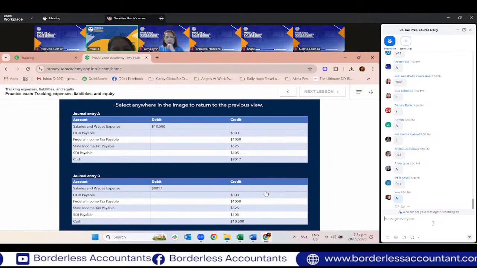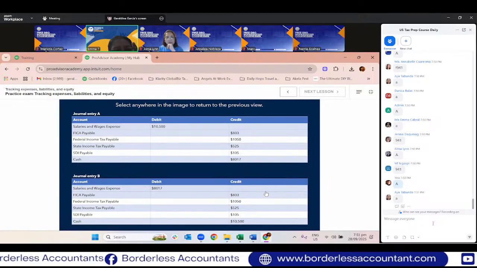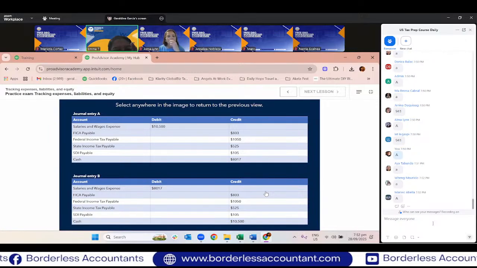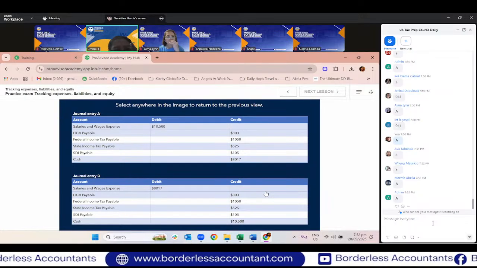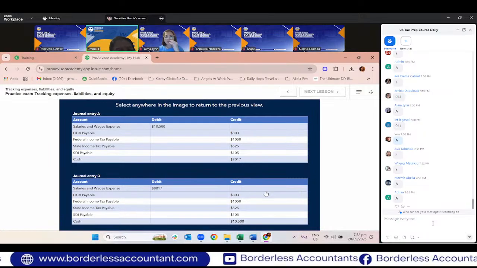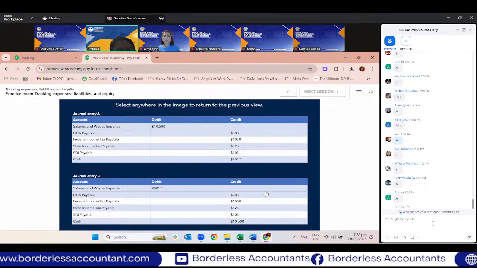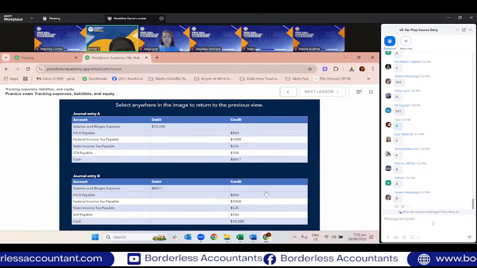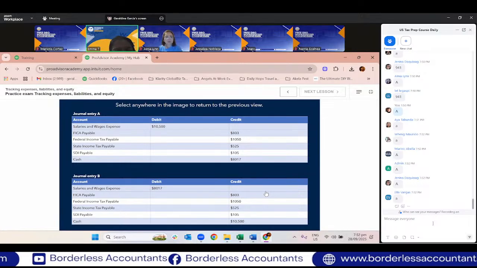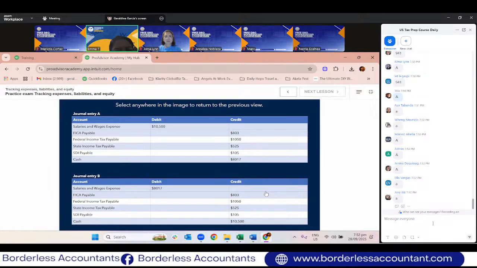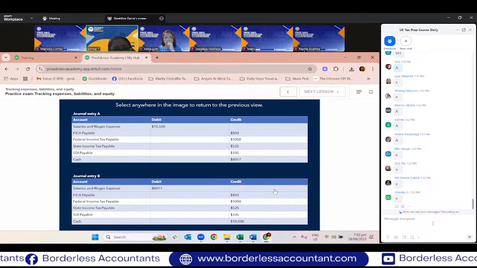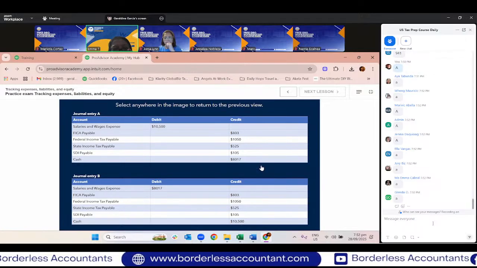Credit FICA payable, 803, federal income tax payable, 1,050, state income tax payable, 525, and SDI payable, 105. Then credit cash, 8,017. Entry B: debit salaries and wages expense, 8,017. Credit FICA payable, 803, federal income tax payable, 1,050, state income tax payable, 525, SDI payable, 105, and credit to cash, $10,500.